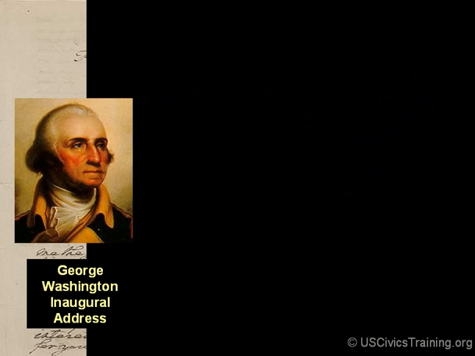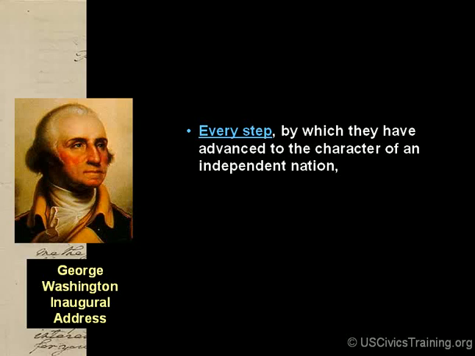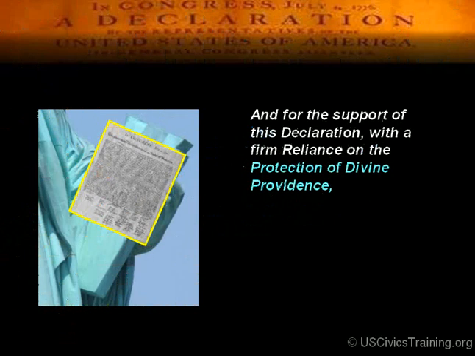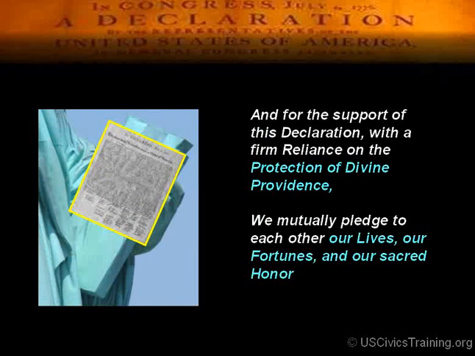Well, George Washington, in his inaugural address after being elected president, said this: "Every step by which they have advanced to the character of an independent nation seems to have been distinguished by some token of providential agency." He was talking about the American people and their quest for independence and how God led them there.